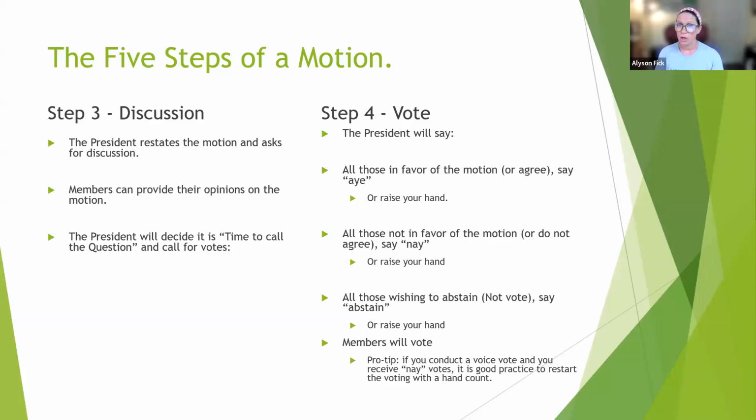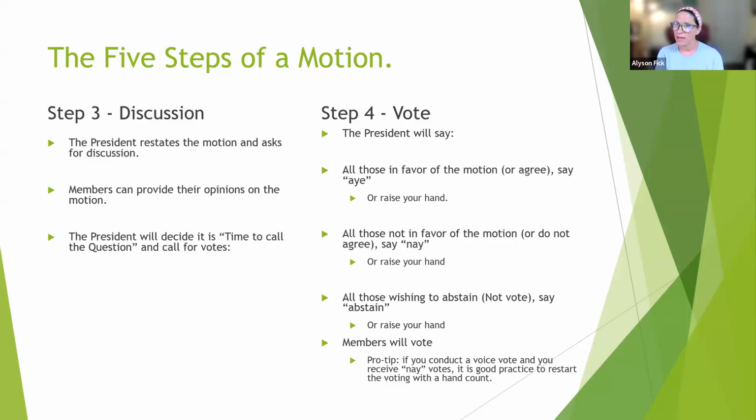Once discussion has been opened, this is when members can provide their opinions on the content of the motion. After everyone has had their opportunity to speak or no one has any additional comments, the president will decide it is, and you see in quotation here, time to call the question. Again, parliamentary procedure can be very formal.